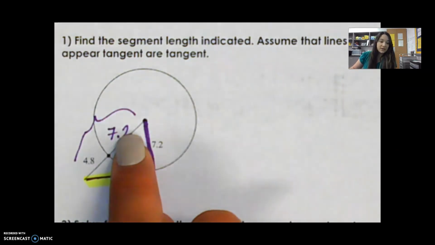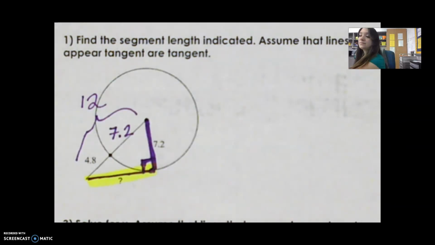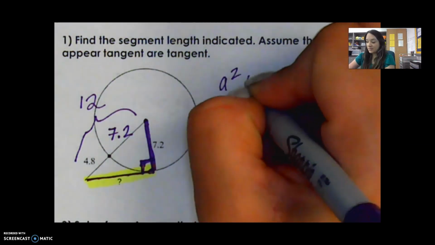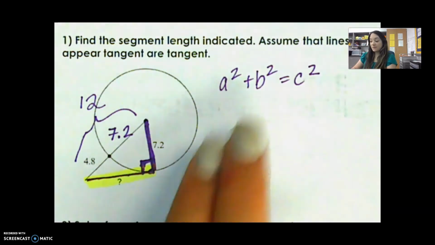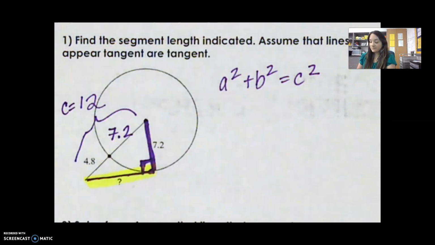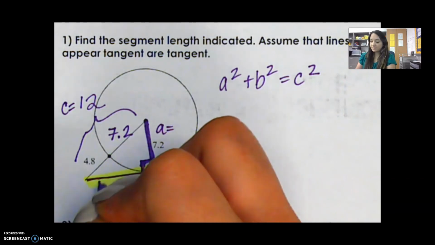When I add those two up, I get 12. So I've got all the pieces that I need to use Pythagorean theorem. That's a squared plus b squared equals c squared, where a and b are the legs and c is the hypotenuse. C is 12. We can call this a, and maybe we can call this b.